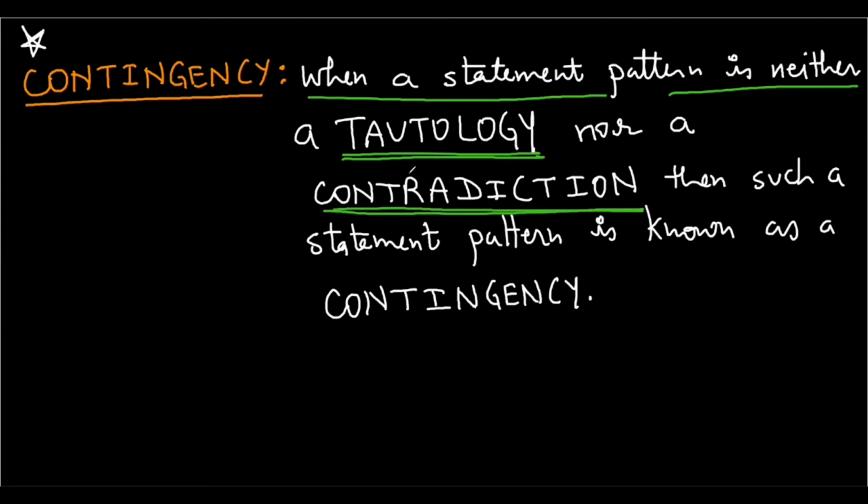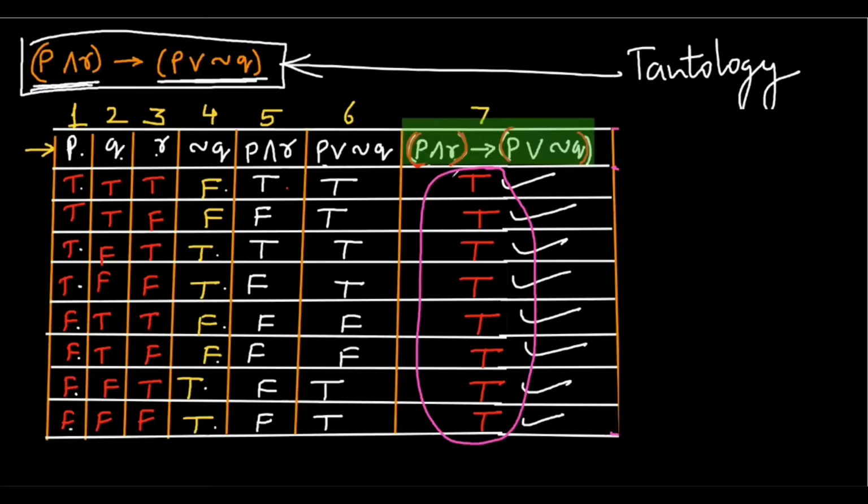That is, I find in the truth table that I am not getting all T, neither am I getting all F. So what am I getting? I am getting a mix of the two.